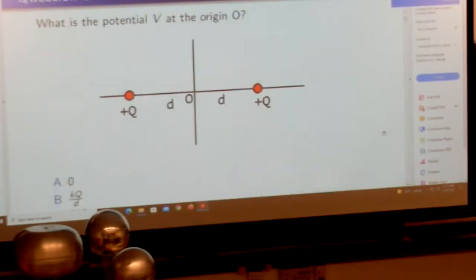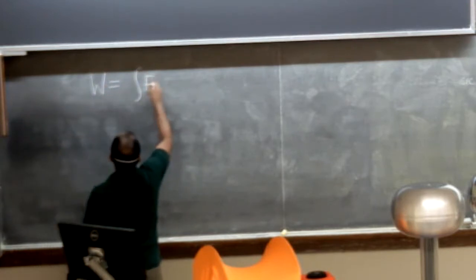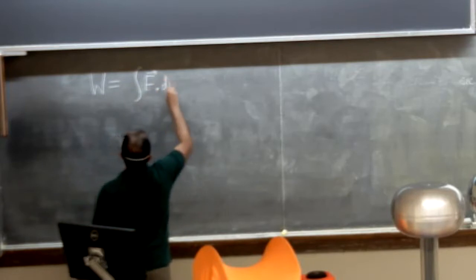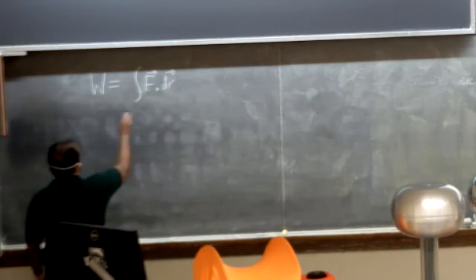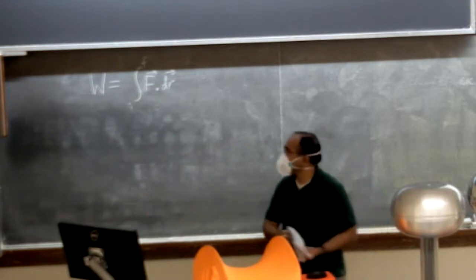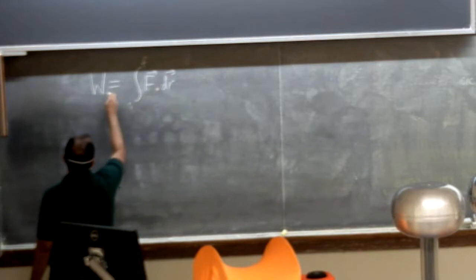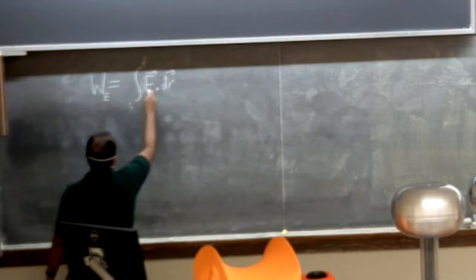So we've been talking about work, and as Freddie said, we can use the definition of work, which is the integral of F dot dr. From some initial position to some final position, you move a particle, and the work done would be the integral of F dot dr. Specifically here, we're looking for the work done by the electric field, so I'll put a little E here for electric.